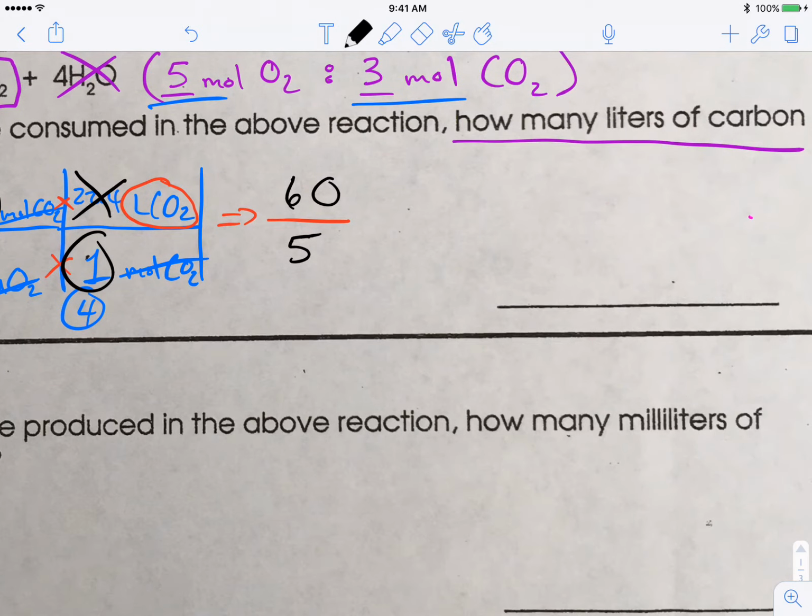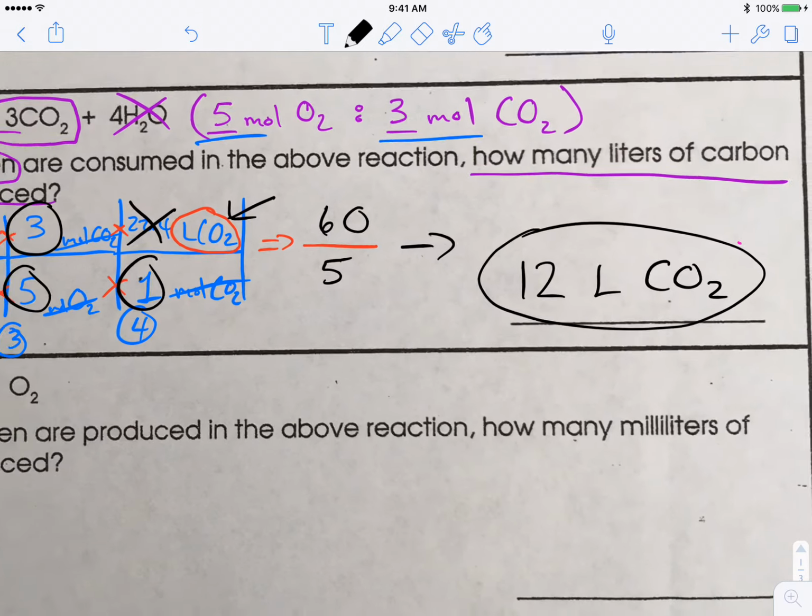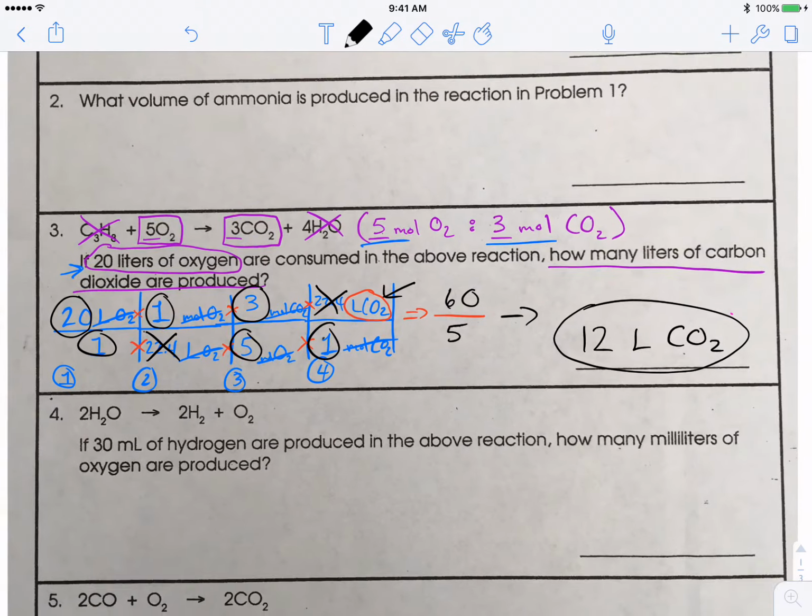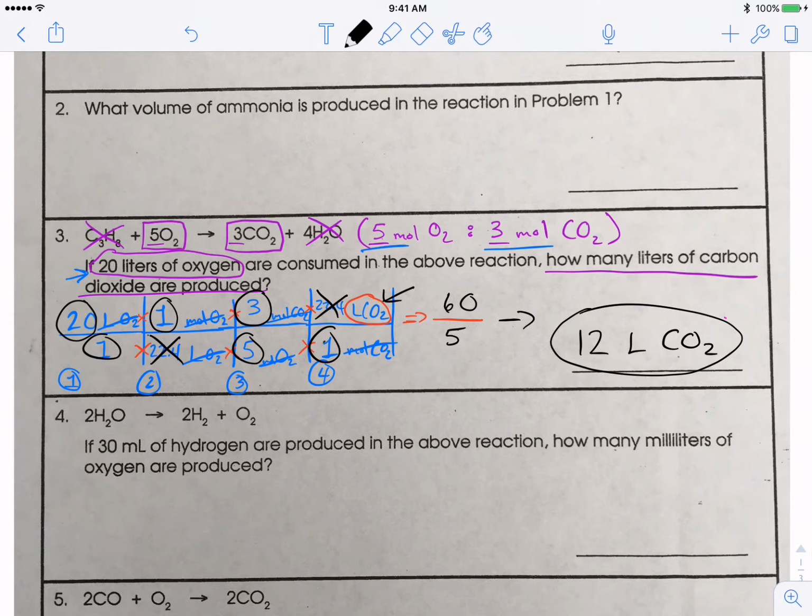We simplify our fraction, and we get 12. We carry the unit that we derived and include it in our answer. So we end up with 12 liters of carbon dioxide produced. Now, mind you, if you would have skipped step 2 and step 4, you would have got the exact same answer. You would just need to double check that you carried the correct units.